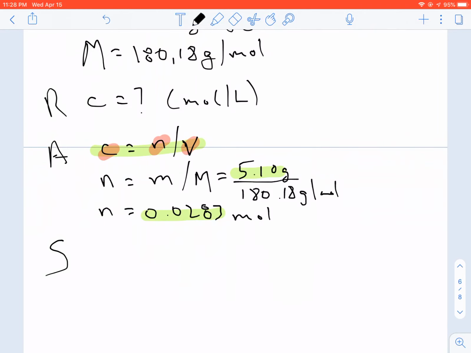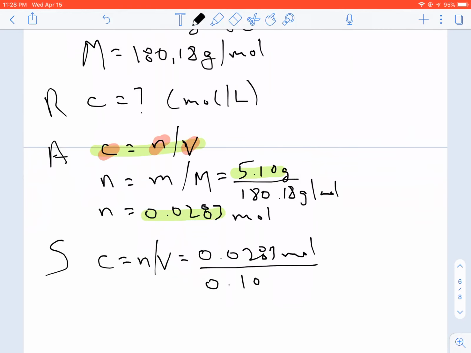So let's solve by saying C equals N over V. N is 0.0283 moles divided by V, which we said was 0.1000 liters. And my C turns out to be 0.283 moles per liter.